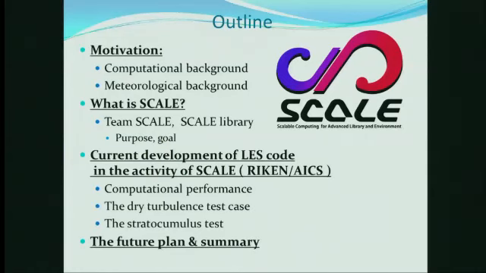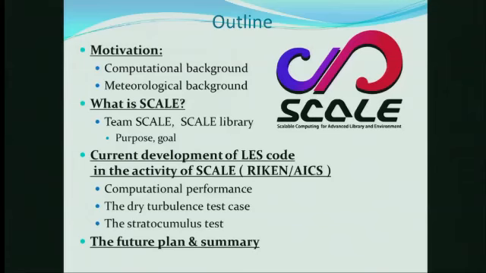Okay, this is the outline of my talk. First I will talk about the motivation from a computational background and also from the meteorological background. Next, I will explain the details of the Scale library, its purpose and goal.